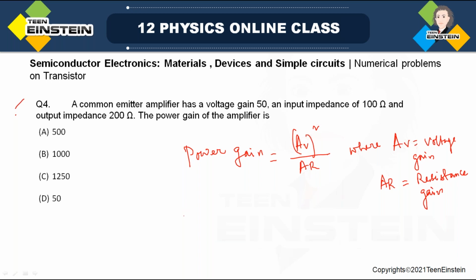Similarly, resistance gain AR will be written as output impedance divided by input impedance.